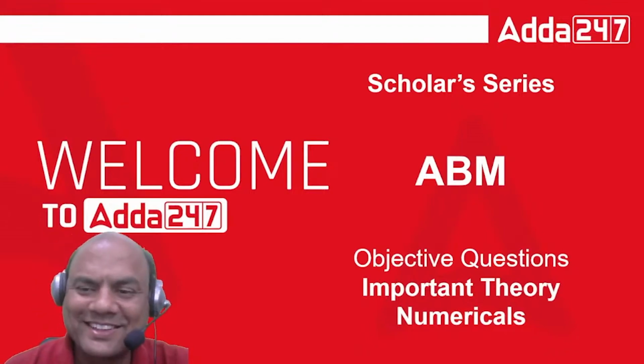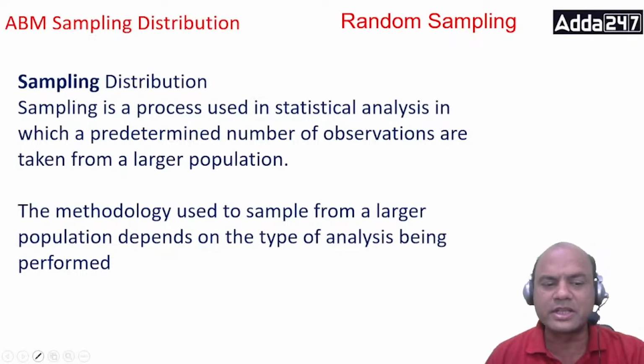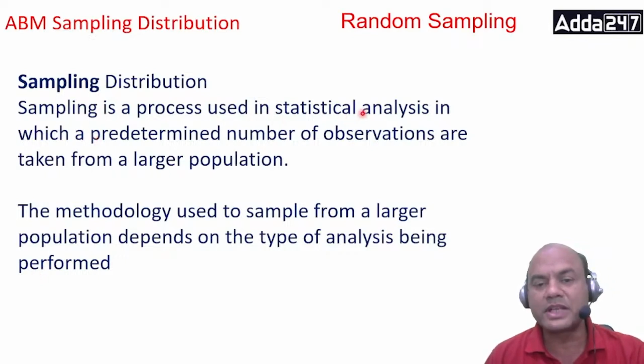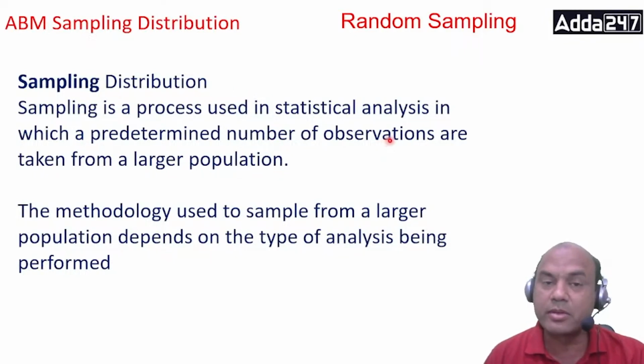Okay, let's start. Firstly, sampling distribution. What is sampling distribution? You must understand that first. Sampling distribution is a process used in statistical analysis in which a predetermined number of observations are taken from a larger population. The important phrase here is predetermined number of observations. Remember this by heart.